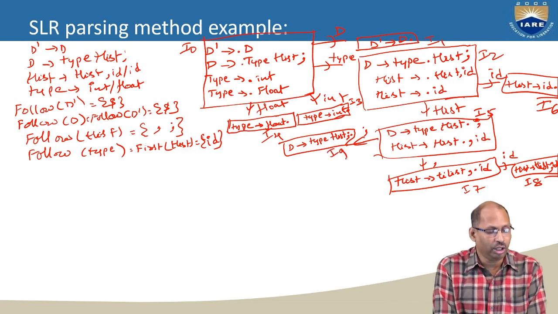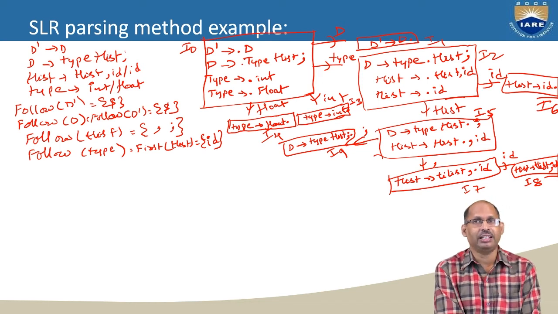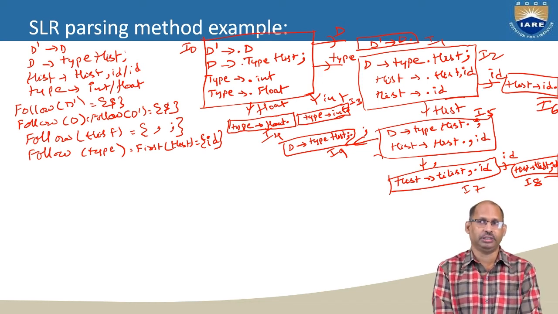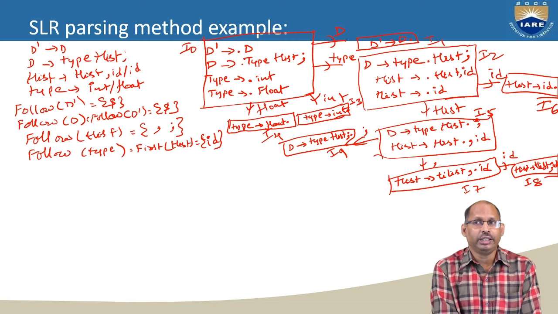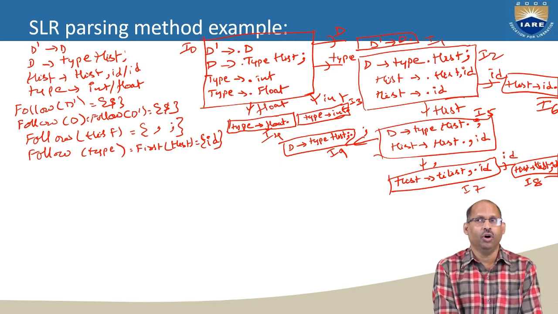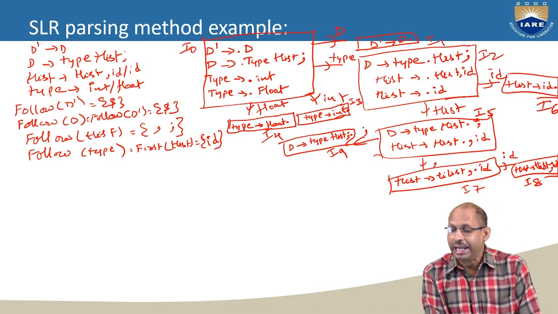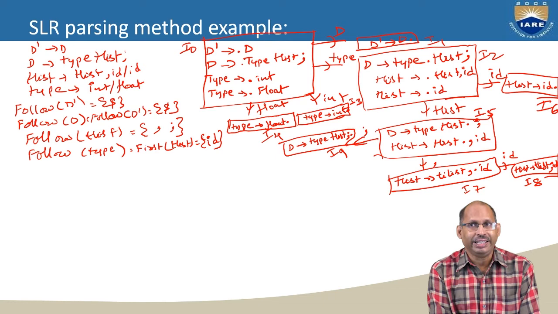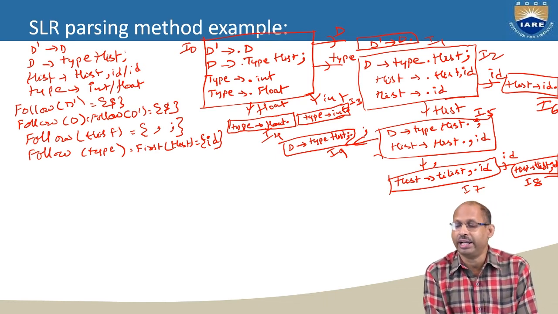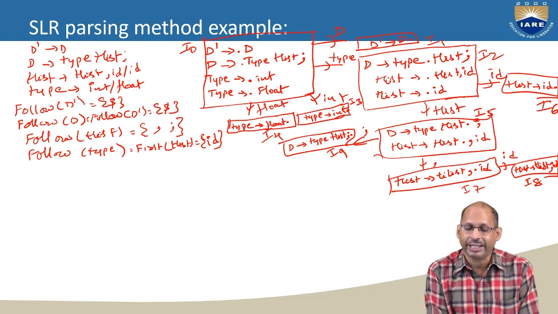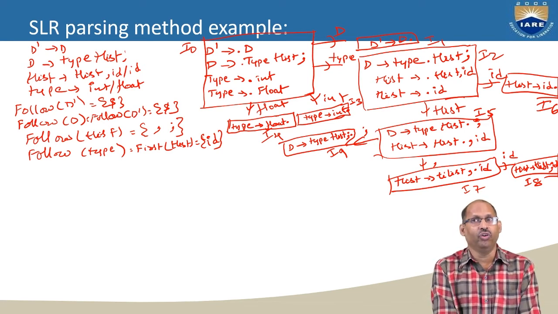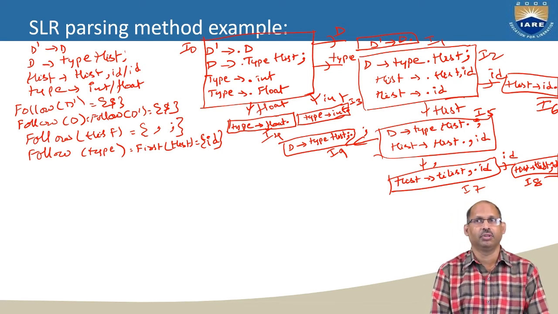Finally, the dot is present at the end of all the productions. Is it clear? I8 dot end, I9 dot end, then I6 dot end, I1 dot end, I3 and I4 dot ends.